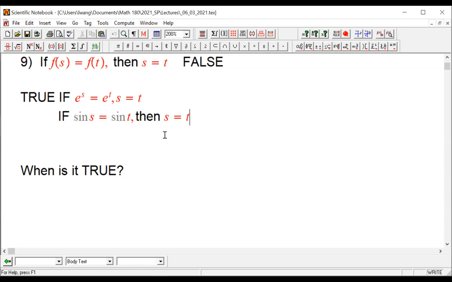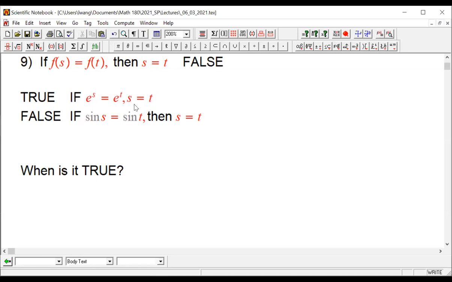It's up and down, and this will be false. Do you guys follow me? You have the example in your mind, right? Sine 0 is equal to sine pi, but 0 is not equal to pi.